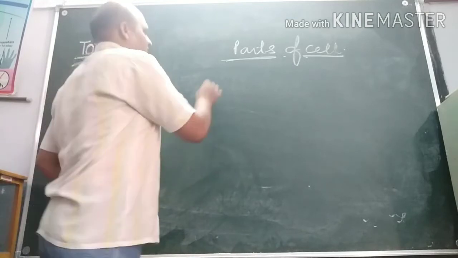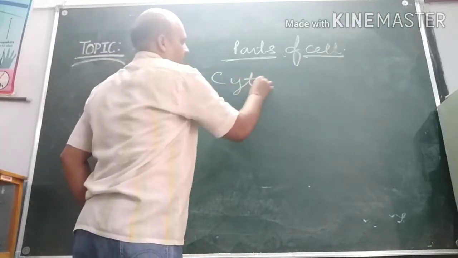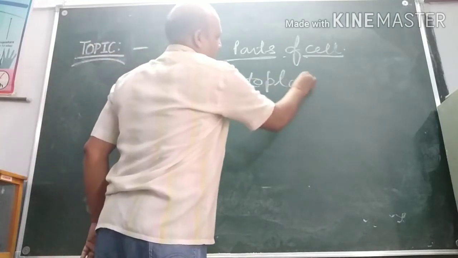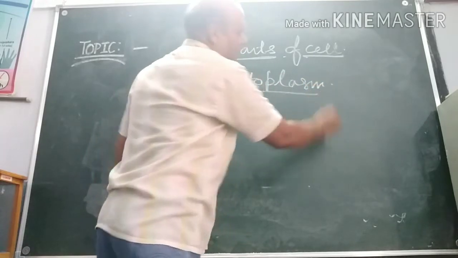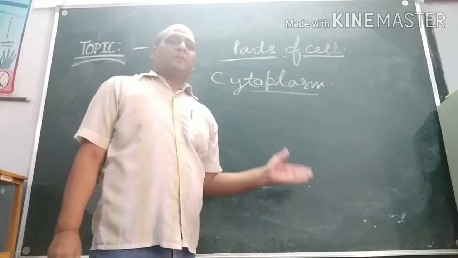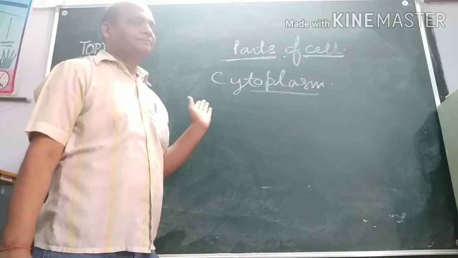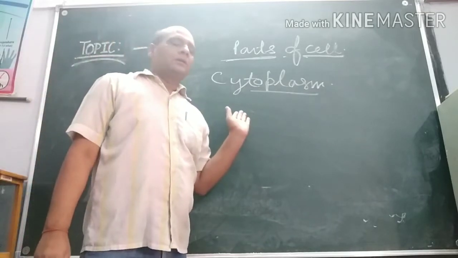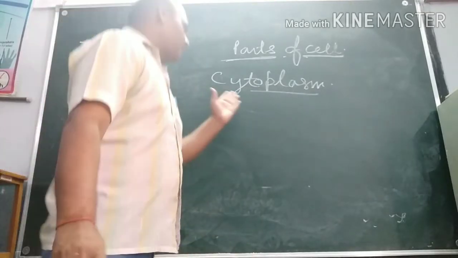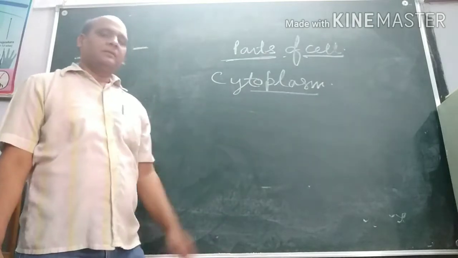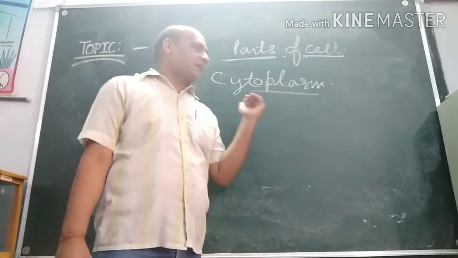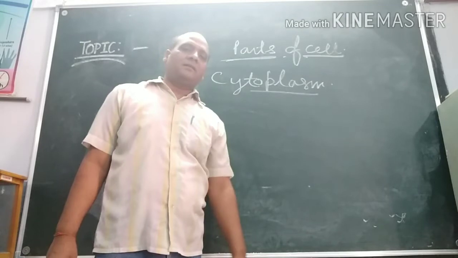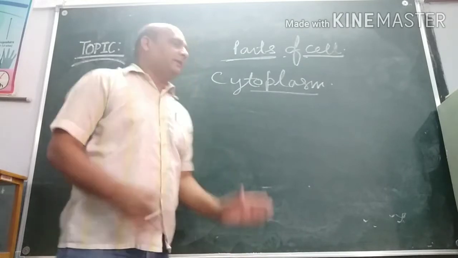Next, cytoplasm. The cytoplasm is a fluid. It is composed of various organic and inorganic materials. Various cell organelles are embedded in it.